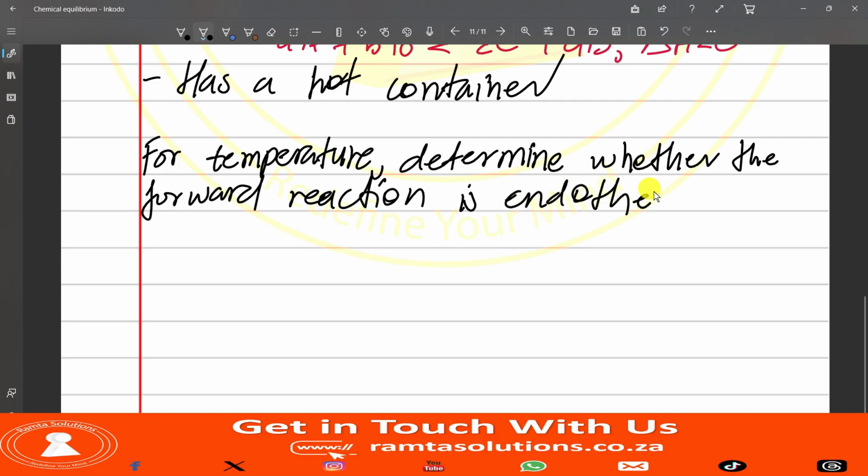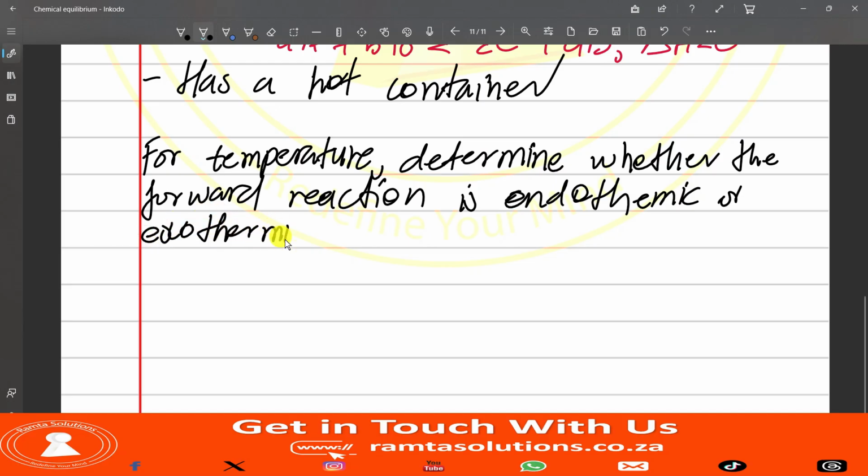If the delta H is given, the forward reaction is endothermic or exothermic according to whatever the delta H value means.